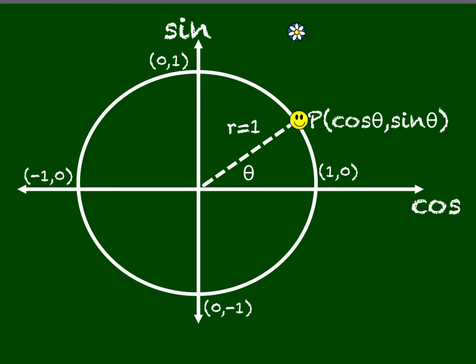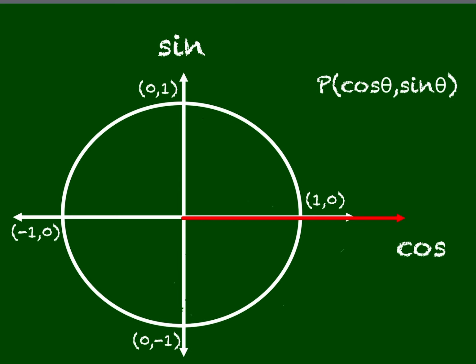Now, obviously, you can understand that on the unit circle, all values are between negative 1 and 1. So the sine theta or cosine theta value is in this interval as well. Cosine theta or sine theta cannot be more than 1 or less than negative 1.